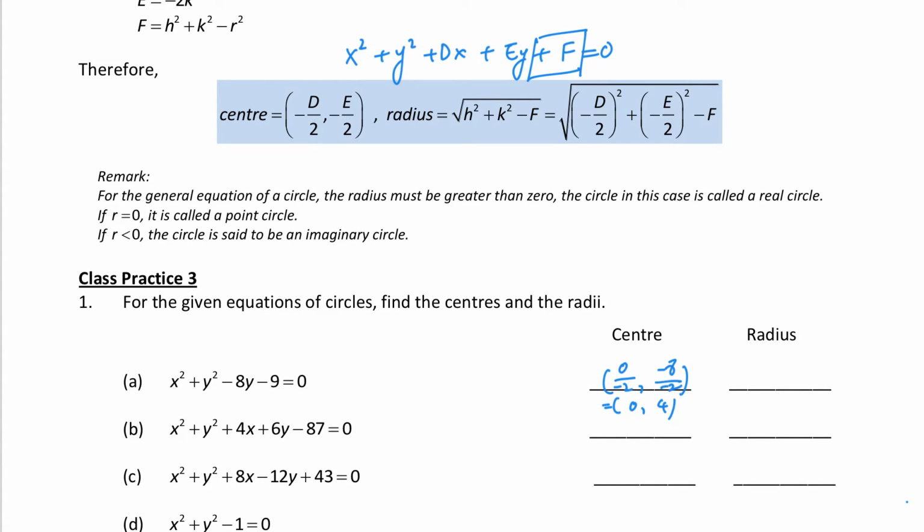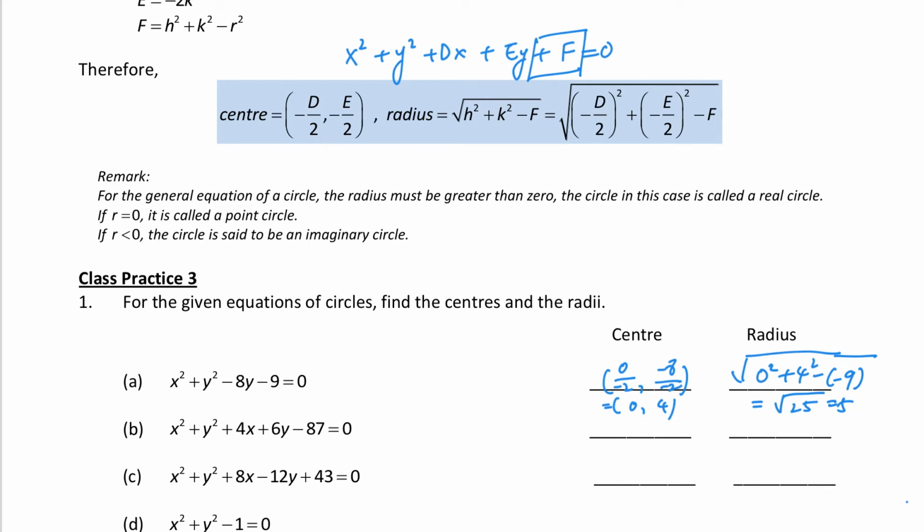How about the radius? The square root of 0 squared plus 4 squared minus, remember, it's minus f, which is negative 9. So this is equal to the square root of 16 plus 9, which is 25, which is equal to 5. Remember, what is f? It's the whole constant term including the sign.